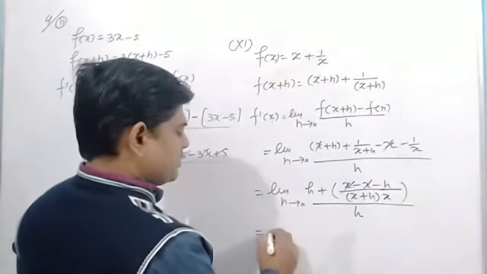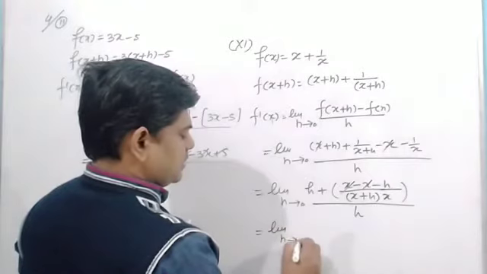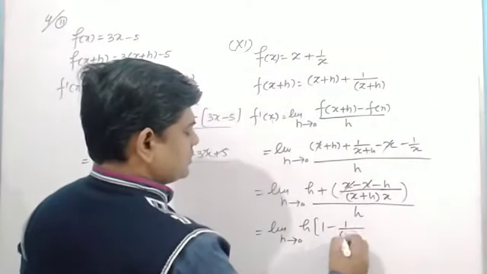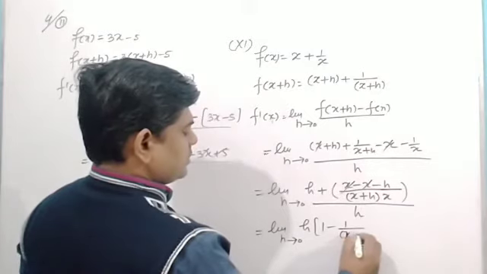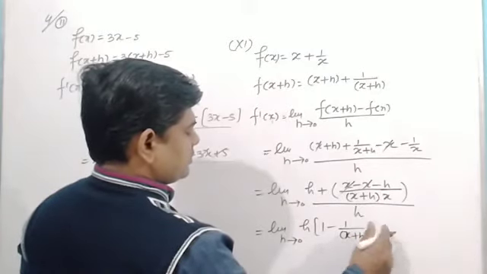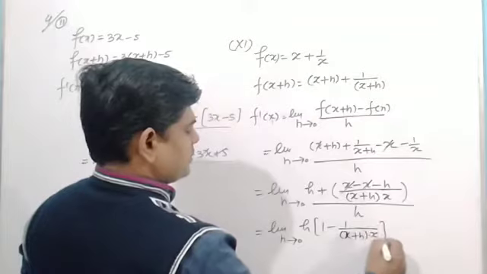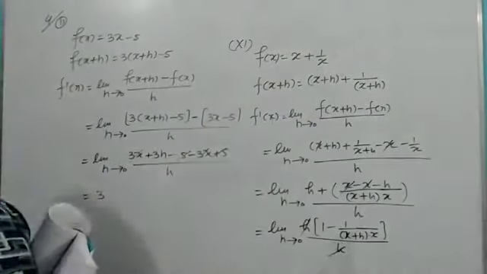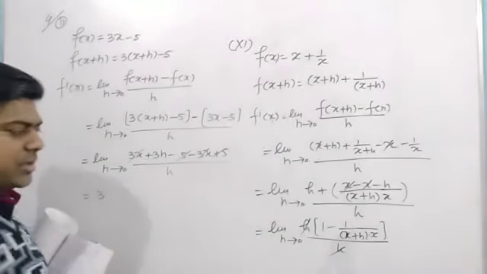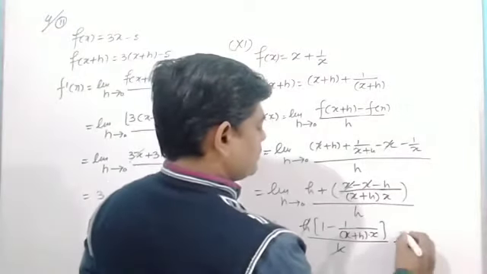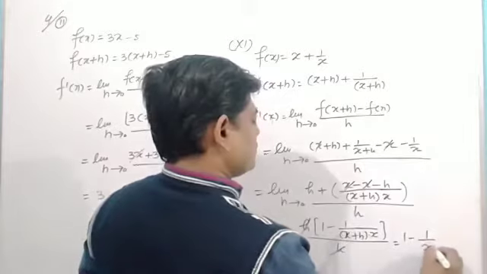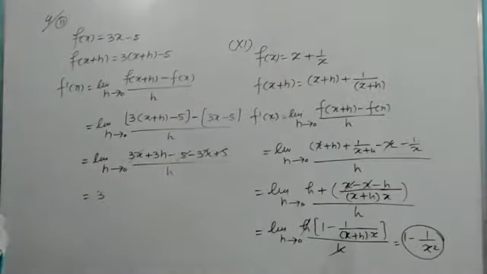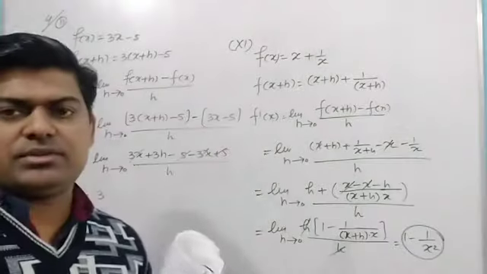If I take h common here, I may write 1 minus 1 upon x plus h into x, whole upon h. They can eliminate. h tends to 0. If I take h tends to 0, I'll get simply 1 minus 1 upon x square. 1 minus 1 upon x square I'll get easily.